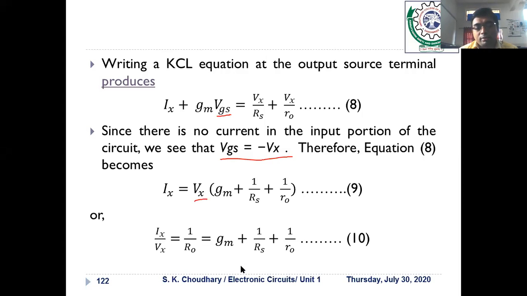R0 is basically what? If you look at equation number 10, what is the R0?